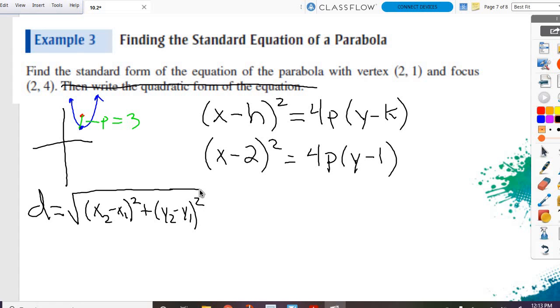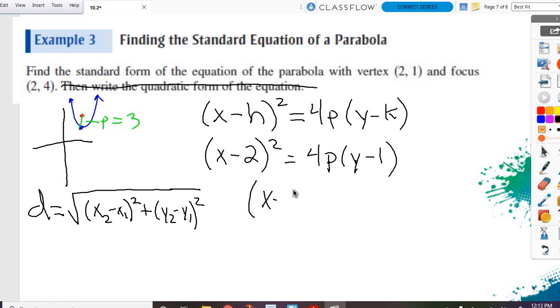Right? We all have our distance formula. We should know our distance formula. So if we didn't know how far apart our focus was from our vertex, we can always plug into our distance formula in order to find them. But in this case, it's pretty easy to see that they are 3 units away.